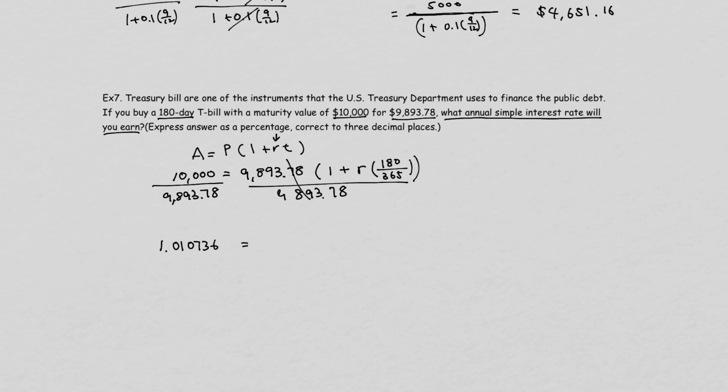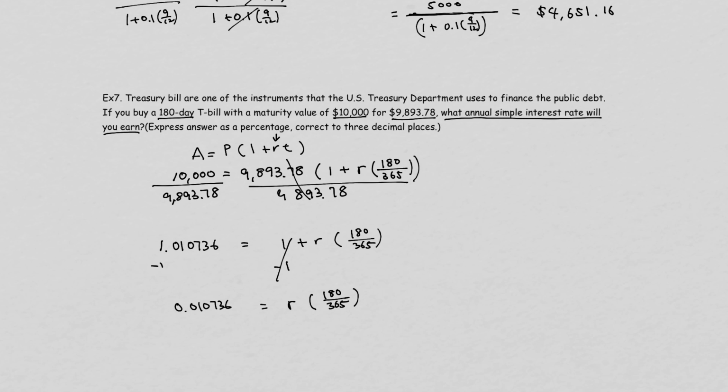Do not round your decimal until you get the final solution. Then on the right side, you will only have 1 plus r times 180 over 365 remaining. Next, you subtract 1 from each side, so you will have only r times 180 over 365 remaining.